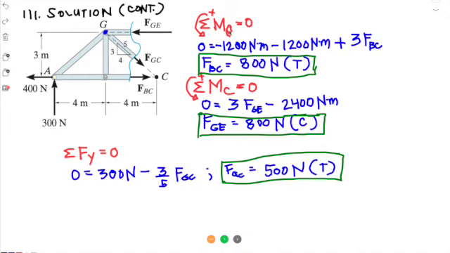So that is what we see here, how we select the pivot points, which is joint G and joint C. And as your unknowns get values, you can shift to doing force summation as long as your unknowns are limited to 1. Okay, so that is how you do your method of sections.